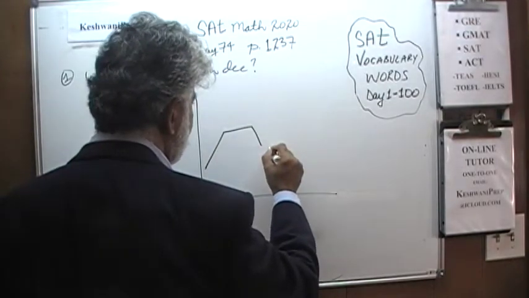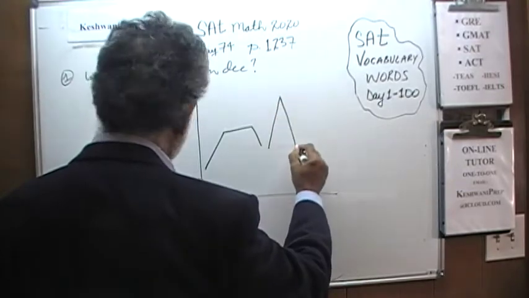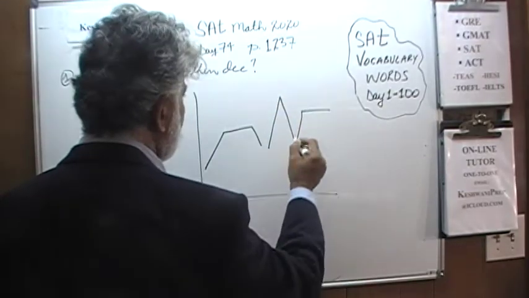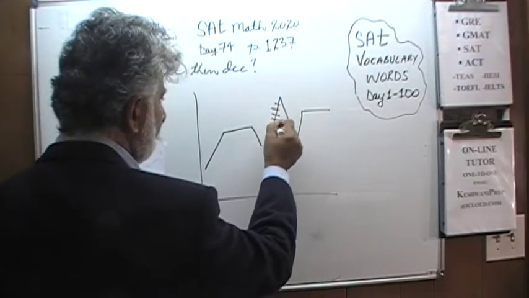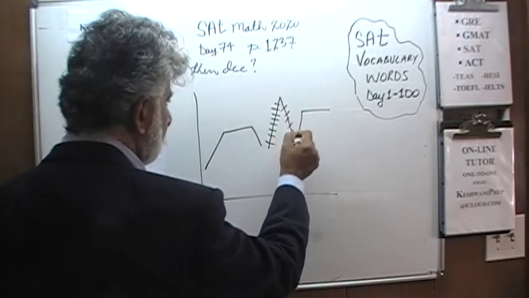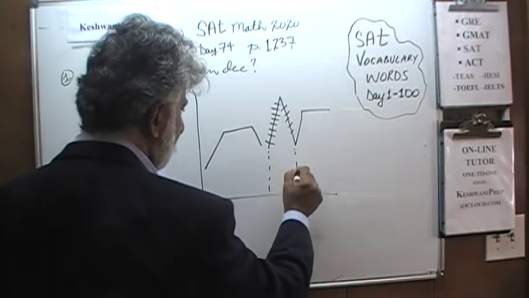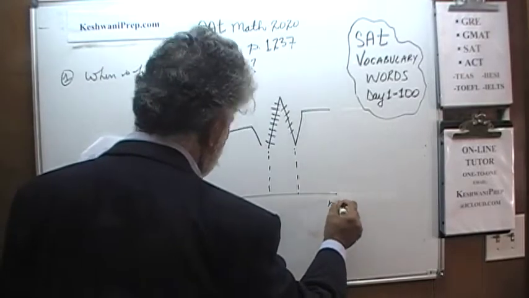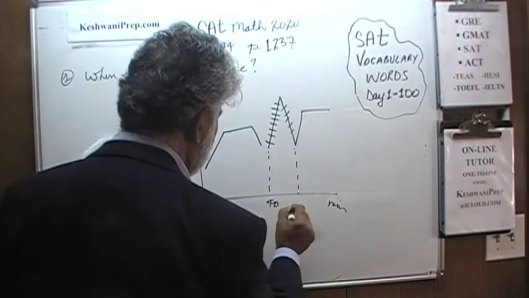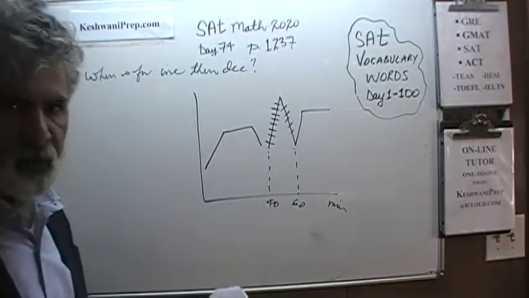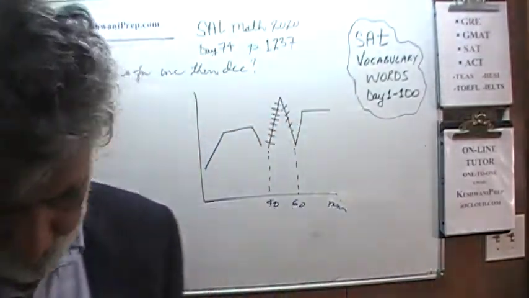Here we have another one which increases, goes down, goes up again, and then it's flat. There you go. It's increasing first, and then it decreases. So we just have to look at this time frame. These are the minutes, and it looks like it increases and then decreases between 40 minutes and 60 minutes. And that's your answer.